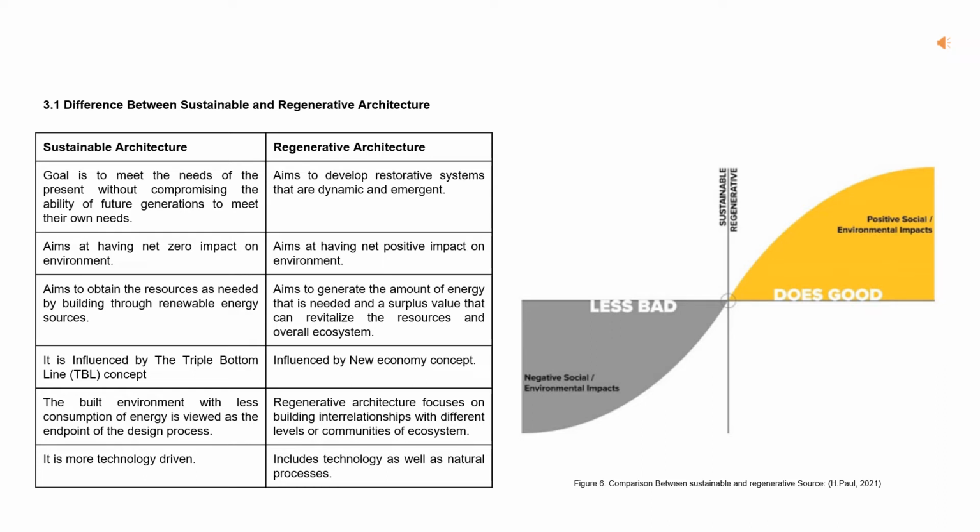Sustainable design aims to obtain the resources needed by buildings through renewable energy sources, while regenerative design aims to generate the amount of energy that is needed and a surplus value that can revitalize the resources and the overall ecosystem. So, there is this concept of co-evolution of design with nature that makes regenerative design different from sustainable design.